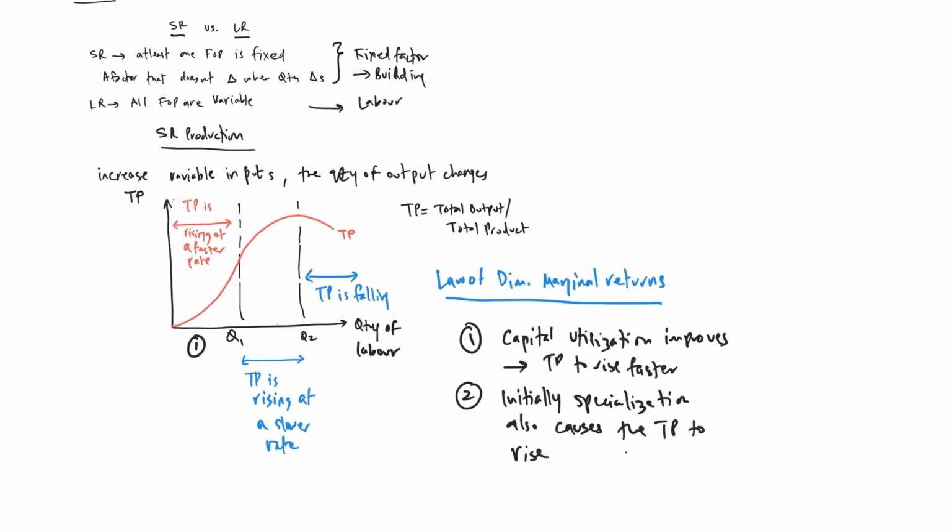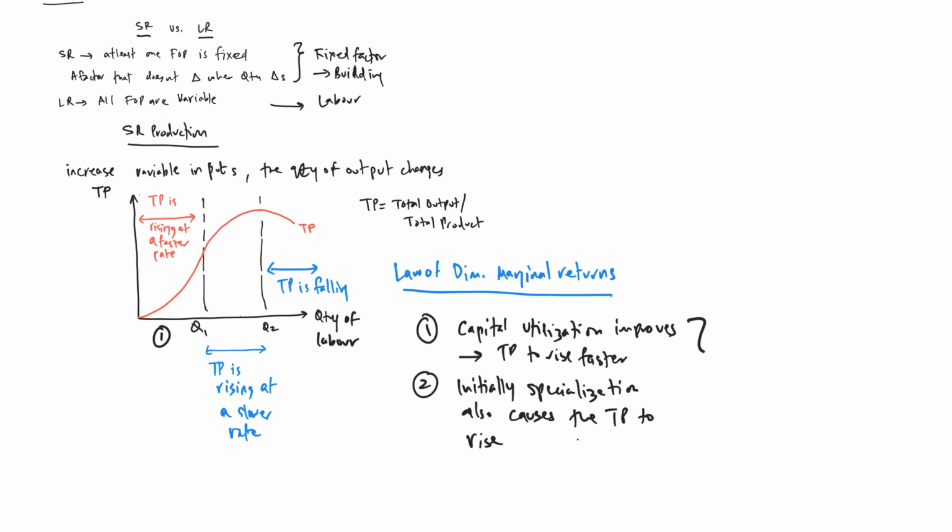So this is basically what is happening in our zone 1, as we call it. So why is TP rising at a faster rate initially? Because as I hire more labor, we're probably utilizing capital better, or we are taking advantage of specialization. Both of these reasons can be causing my TP to rise at a faster rate.